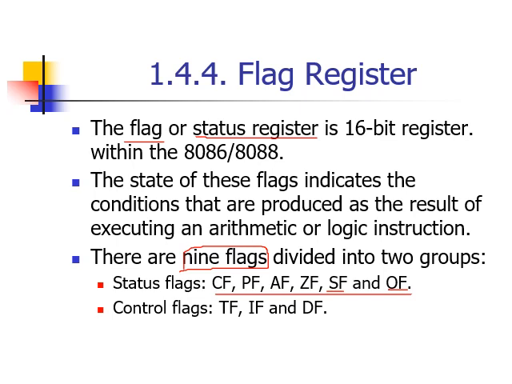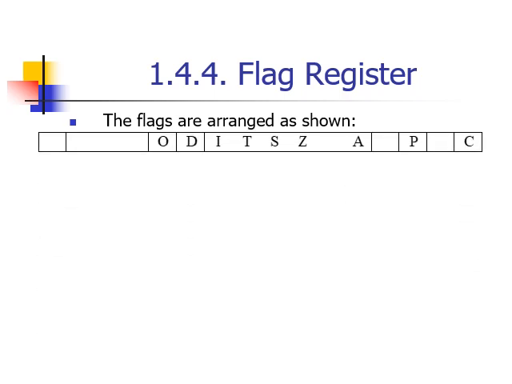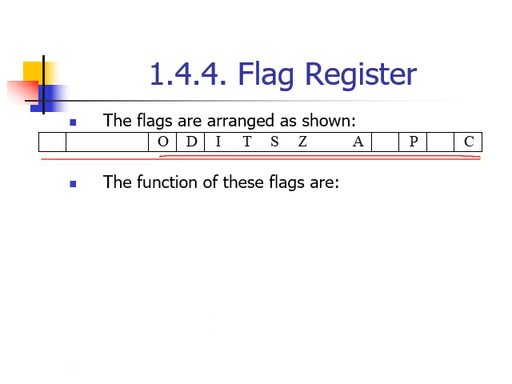And the 3 other bits are the trap flag bit, interrupt flag bit, and direction flag bit. What each of these bits refers to will be shown shortly. So these are the positions of the 9 flag bits inside the 16-bit flag register.